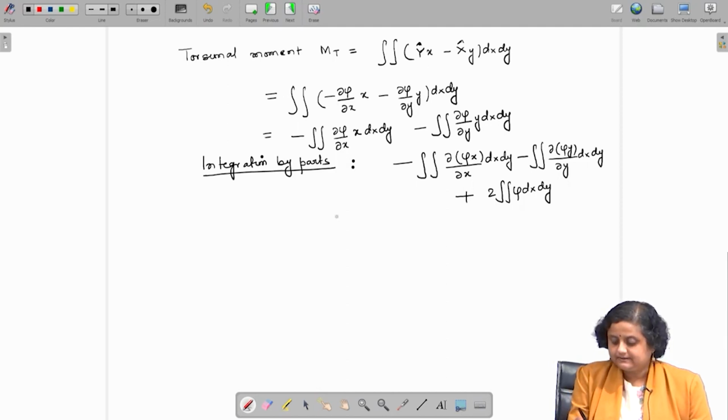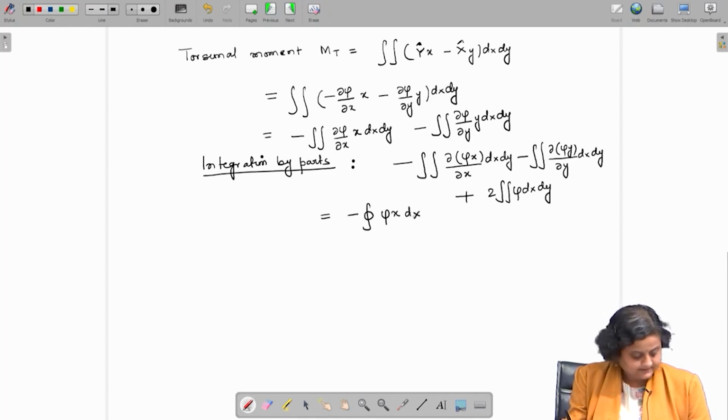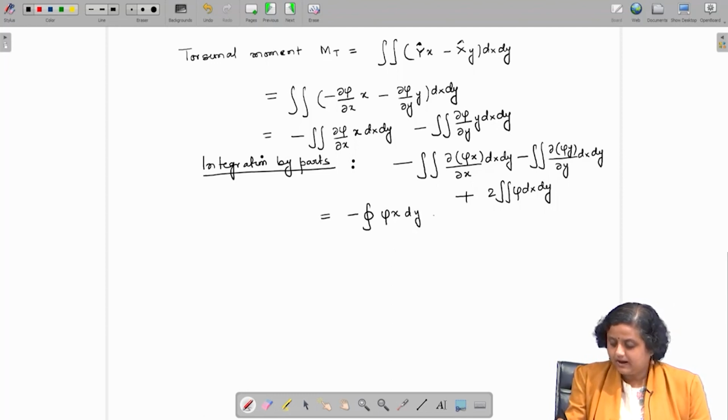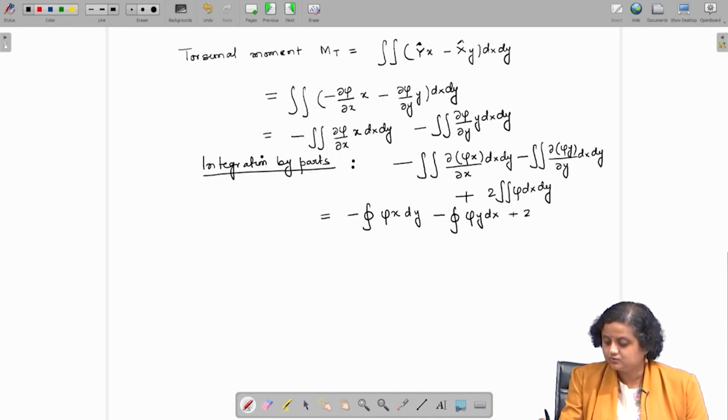Now, this can further be written, using Green's theorem, as a contour integral of phi x into dy, minus the contour integral of phi y into dx, plus 2 times the area integral of phi.